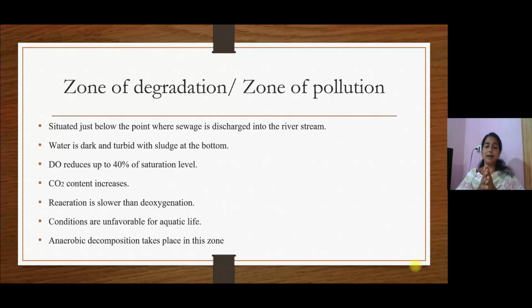Because of this reduction in dissolved oxygen content, aquatic life is unfavorable in this zone, and anaerobic decomposition takes place in this zone at the bottom of the river or water body.